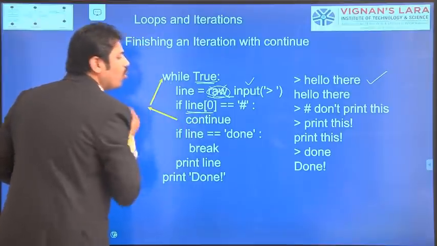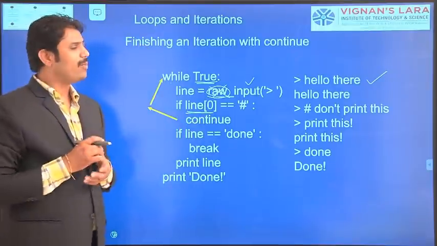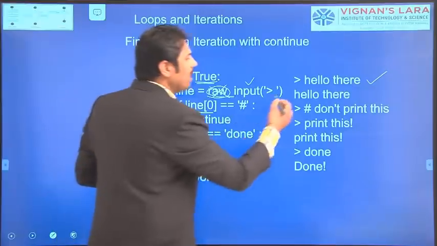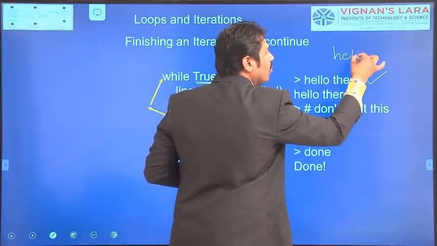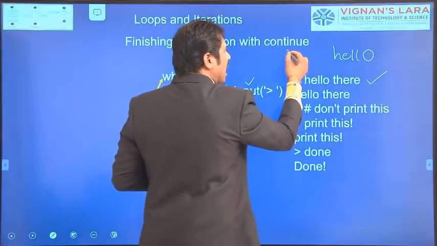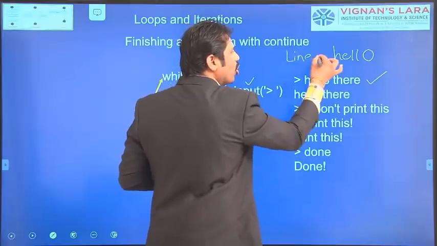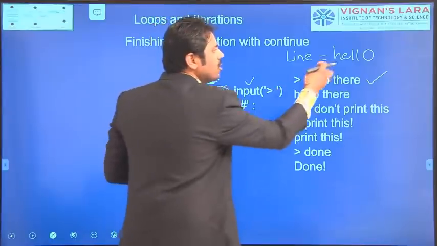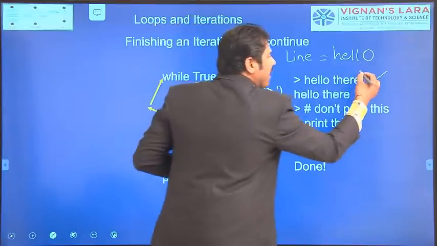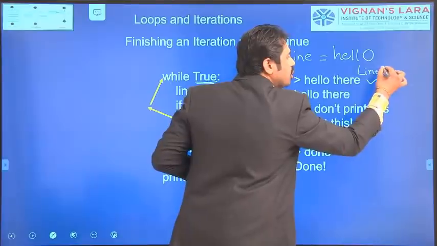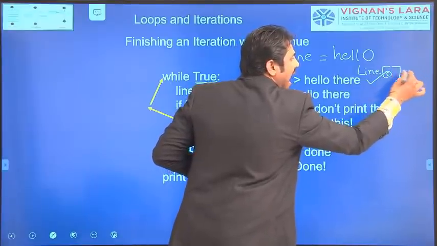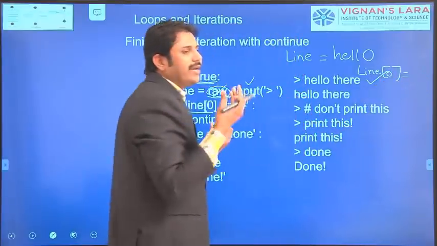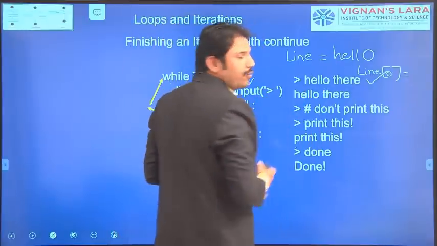Line of 0, what does it mean? For example, if you take hello, this hello is stored in line. Line of 0 means at the 0th index, what is the character we have?